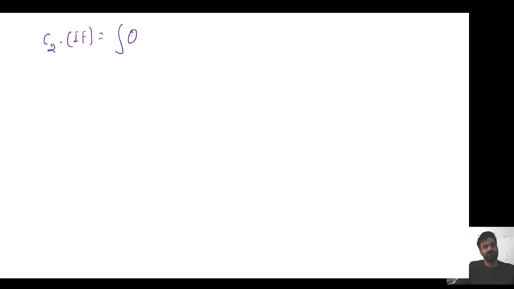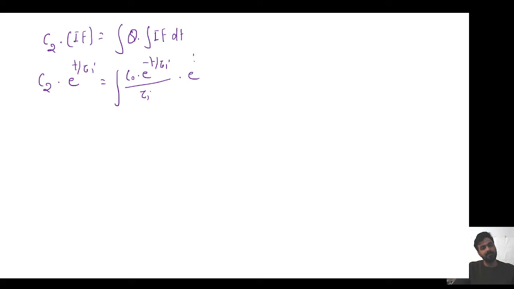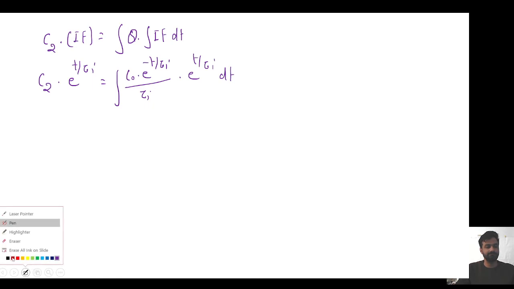So can I write here Q multiplied with integrating factor integrated dt. So can I write again C2 and integrating factor e to the power t by tau I, that is equals to integral of C naught e to the power minus t by tau I upon tau I and e to the power t by tau I dt. Are you getting? So you can calculate this.